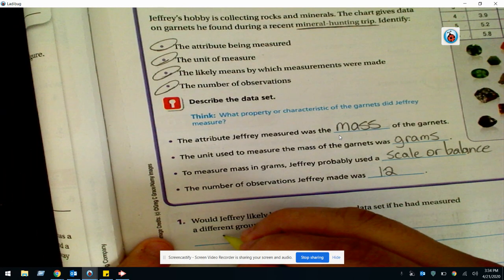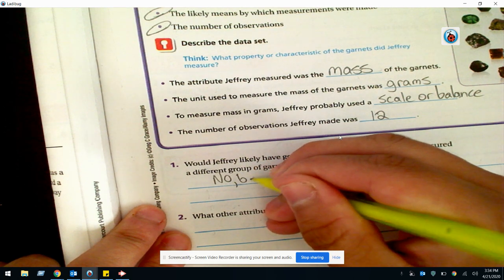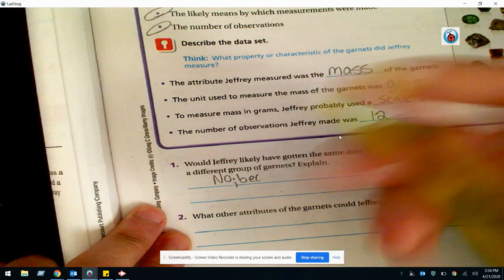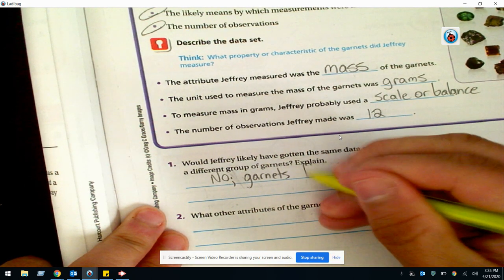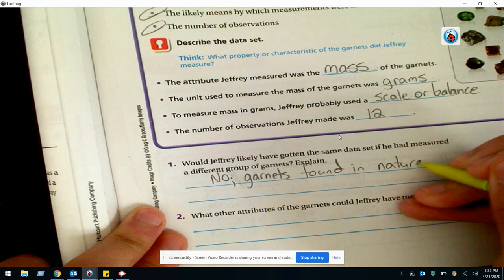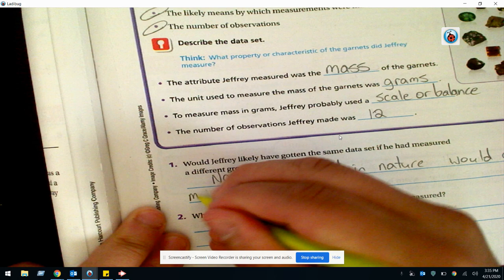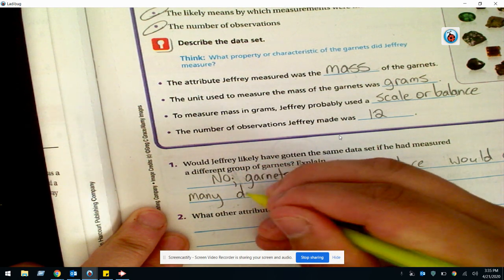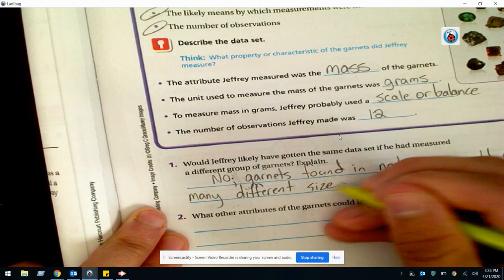So if you think about it, no, because garnets found in nature would occur in many different sizes.